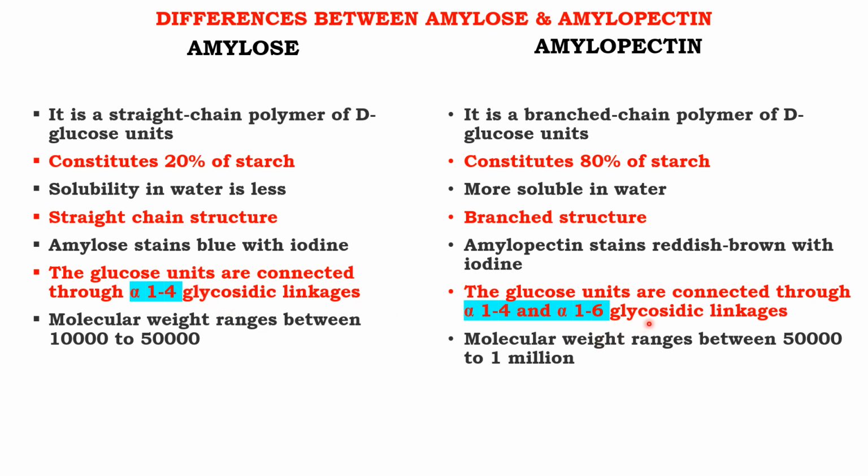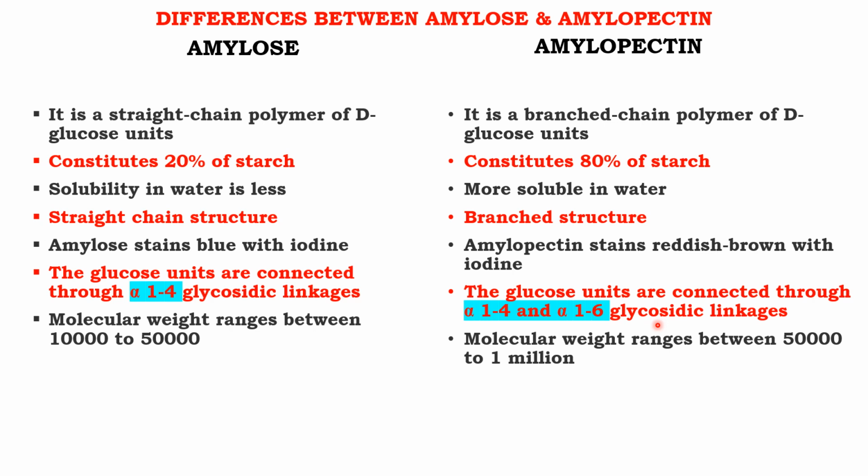While in amylopectin, two linkages are possible, a 1,4 linkage as well as a 1,6 linkage. That means C1 of one glucose molecule combines with the fourth carbon atom of another glucose molecule and the sixth carbon atom of another molecule.